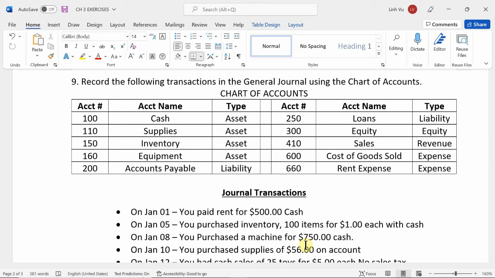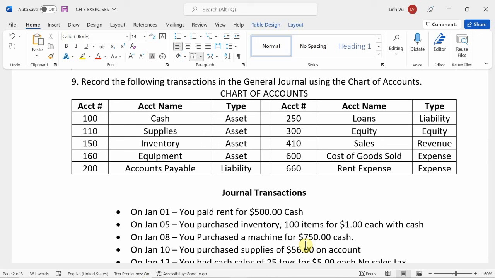Now let's take a look at equipment. Did I increase my equipment or did I decrease my equipment? Increase. You increased your equipment, right? Because you purchased one. You gained a machine. So in this case, equipment is an asset.